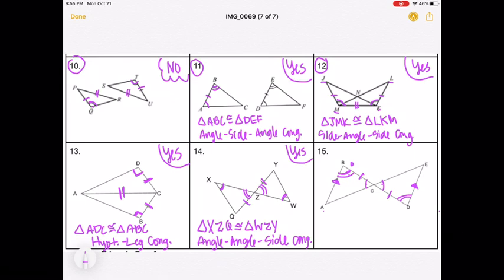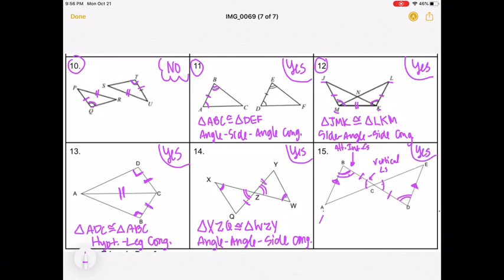I'm going to go ahead and highlight what these are. So that's alternate interior angles, which are congruent. And then here were our vertical angles. So that is enough for congruence, we said.